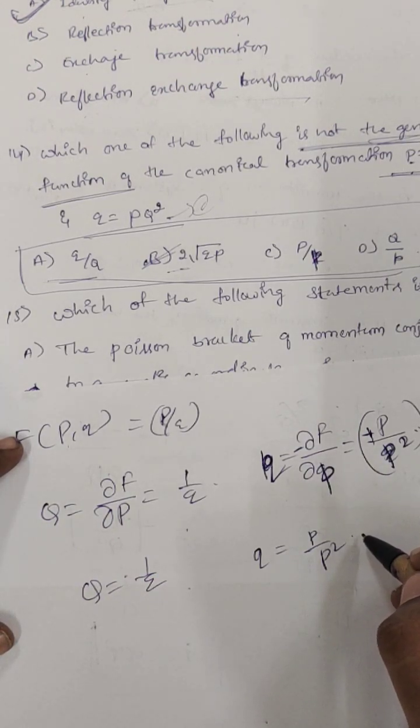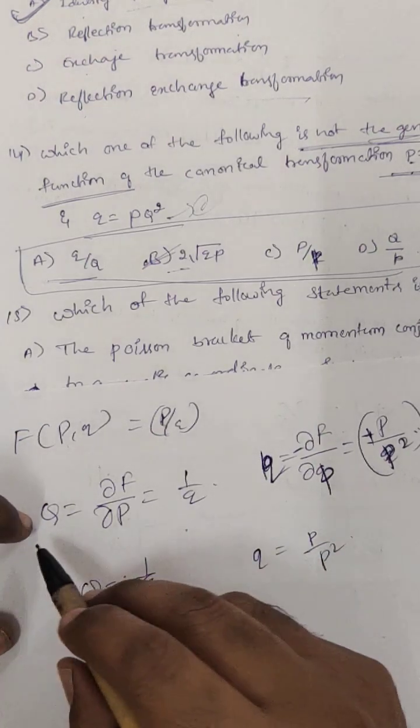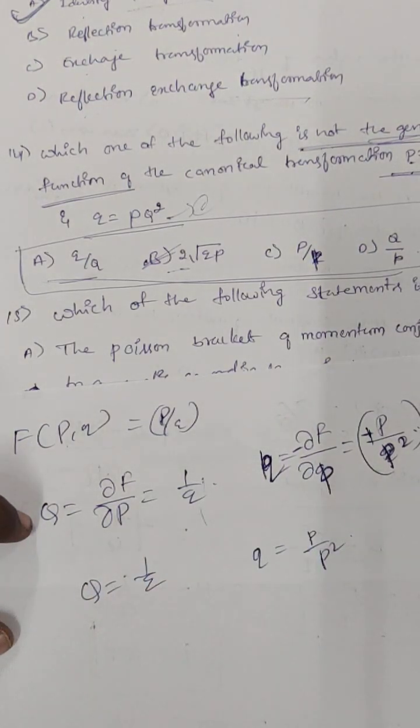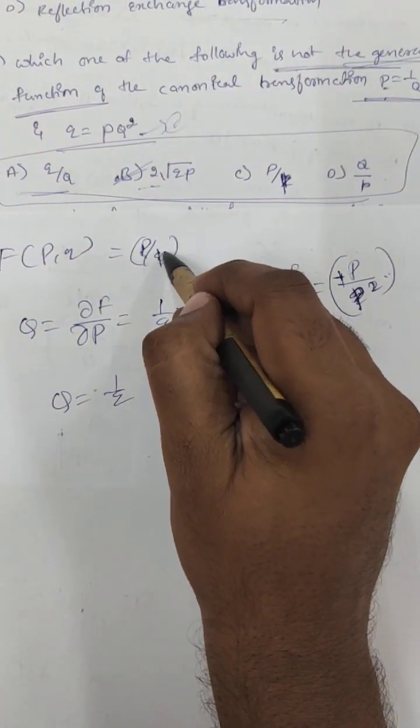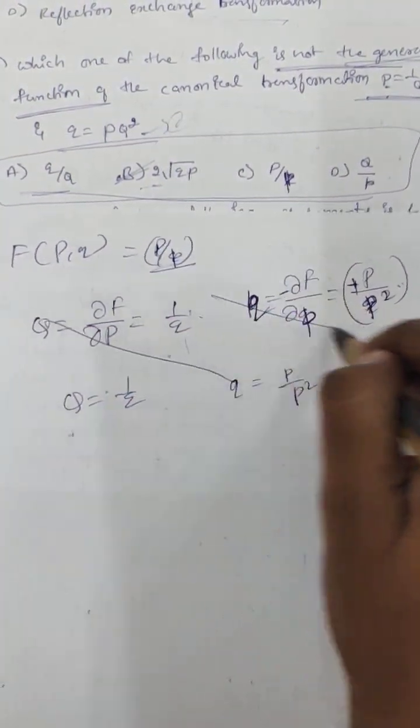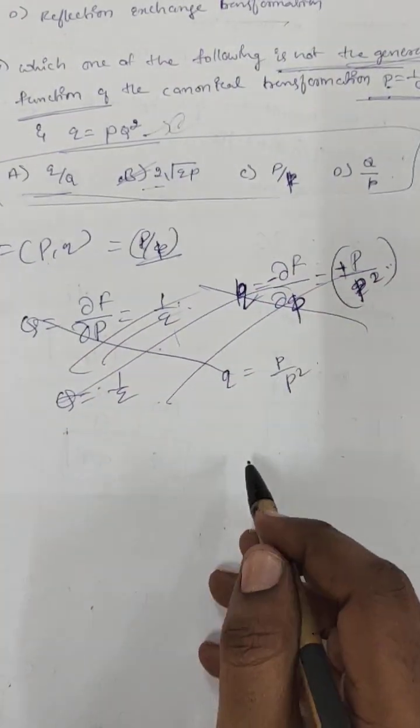And also 1 by q is nothing but 1 by q. So sorry, this is p by p, so let us forget all this.